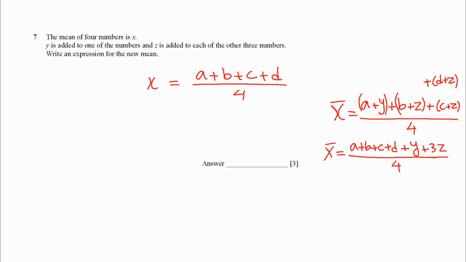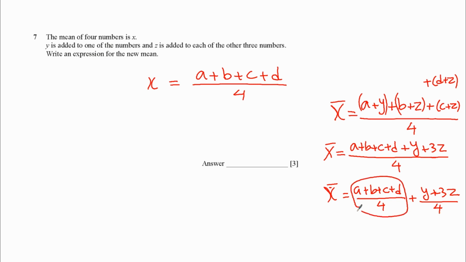So now I can come in here and separate these. I can write x bar equals a plus b plus c plus d divided by 4, plus y plus 3z divided by 4. The reason I do this is because I know that this value here is the x, which is the mean of the original 4 numbers.